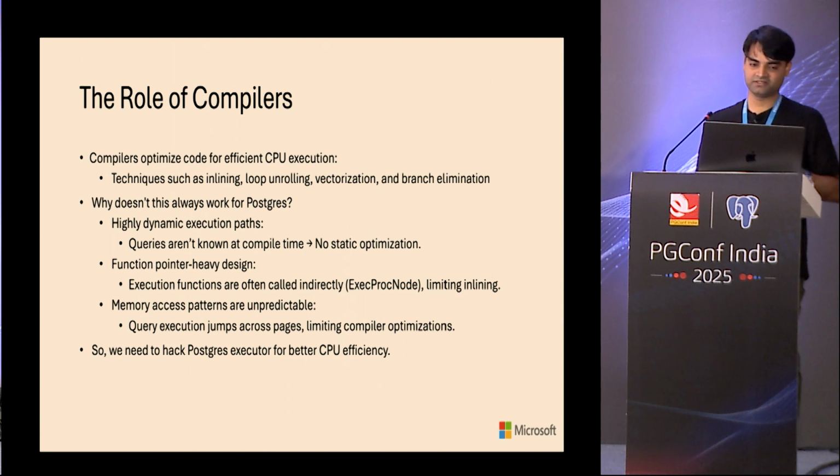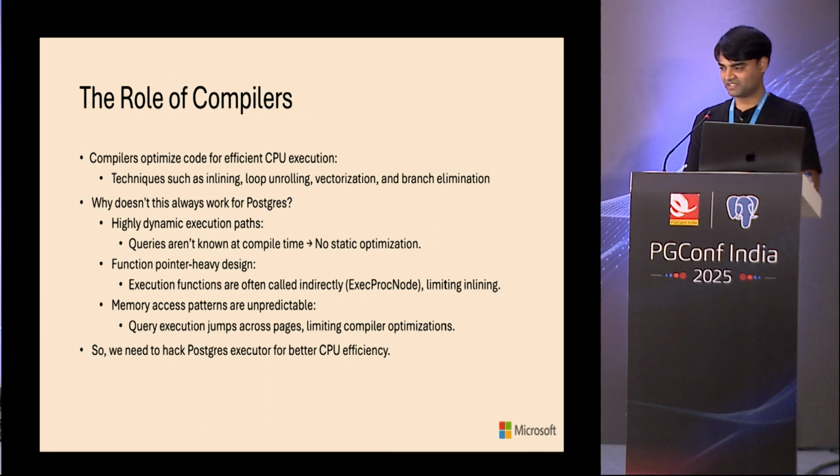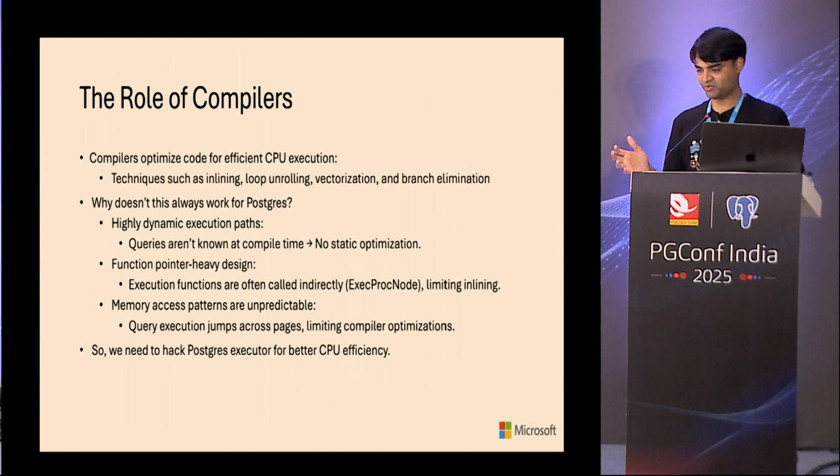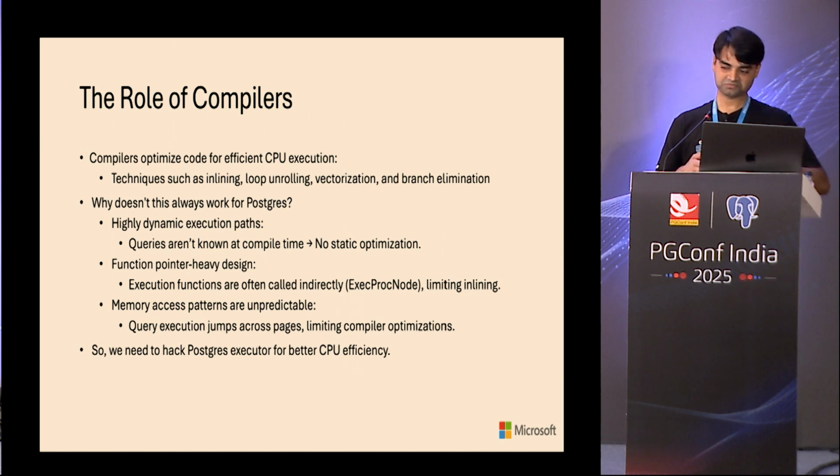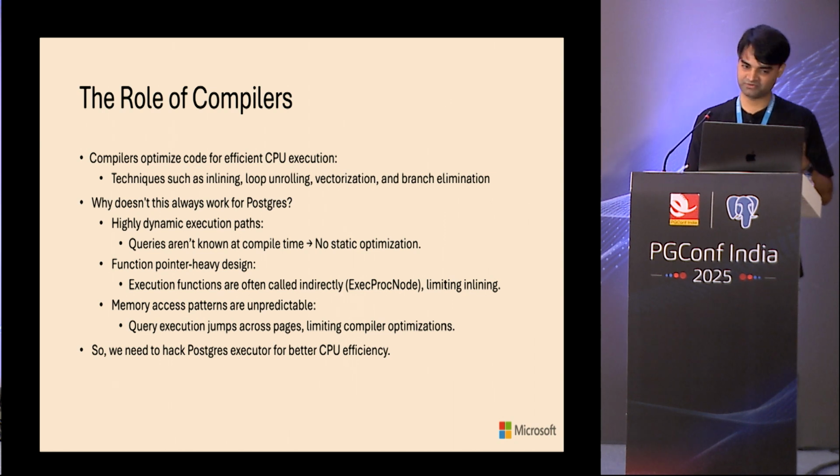Postgres has many functions. It's a big code base, with many functions calling many other functions, and these function call stacks can get very deep because SQL and the plans are recursive objects like trees. You can have very deep stacks, and that makes things worse for the reasons that we discussed earlier. Memory access patterns are unpredictable.